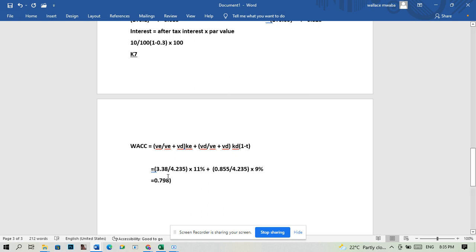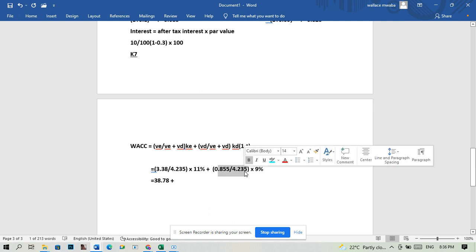Times 11. Yes. Okay, 8.778. So this is for this section only, right? We just round off to two decimal places.